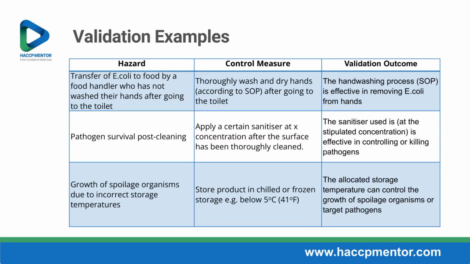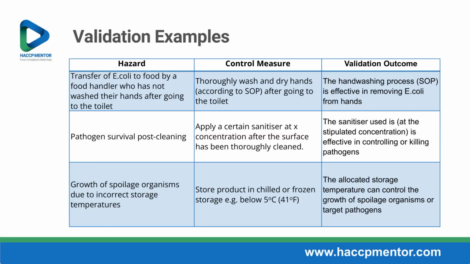Label claims is another one. So if you're making, say, organic claims or fat-free, low carb, high protein, low salt, all of that needs to be validated up front, okay, before you actually start producing the product.